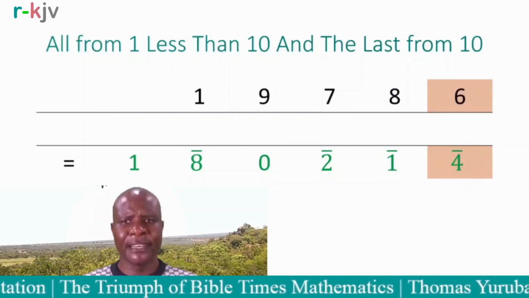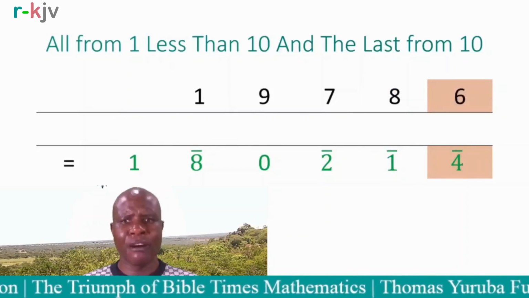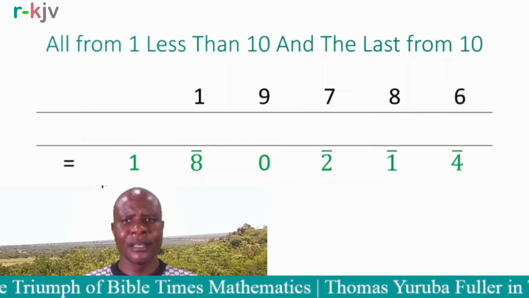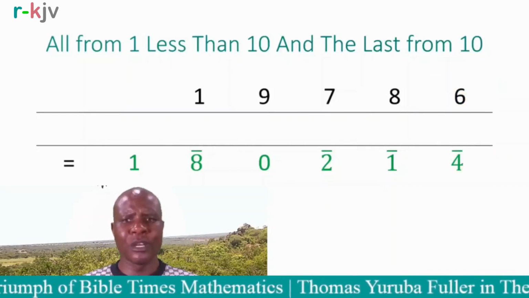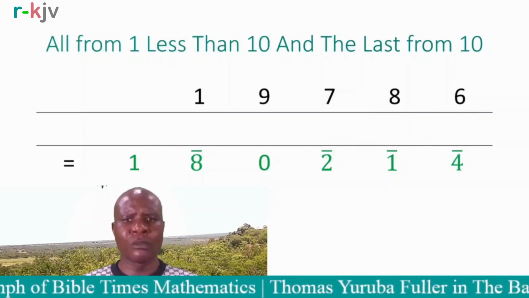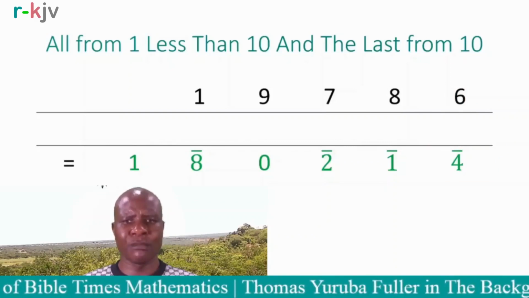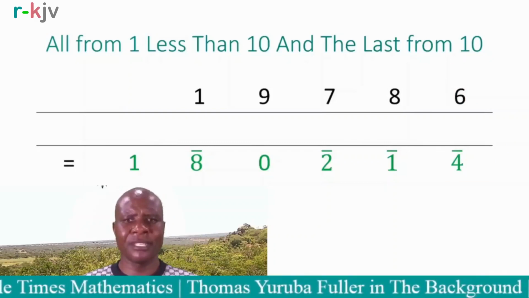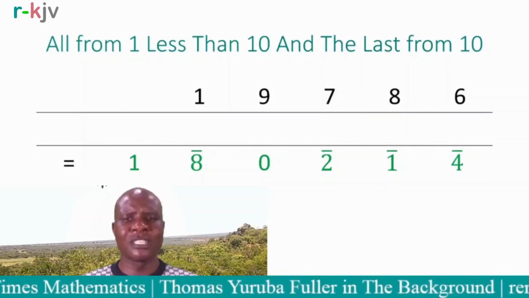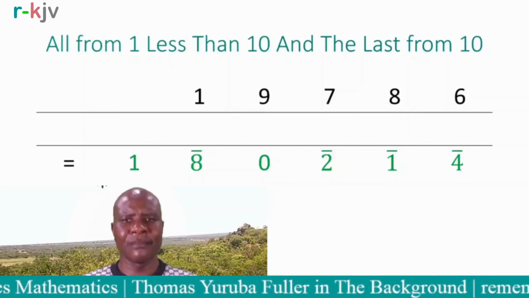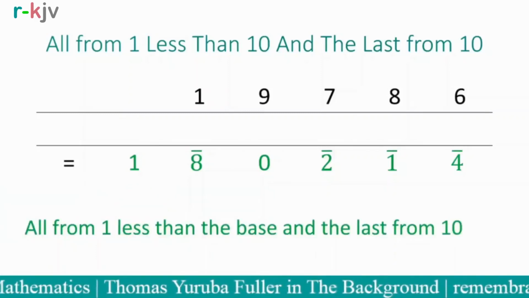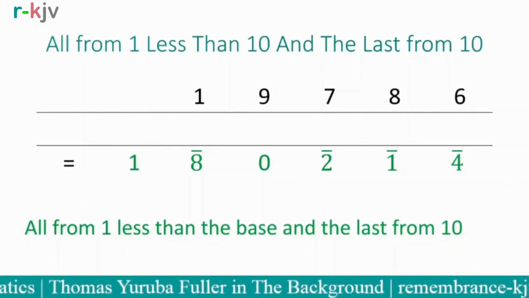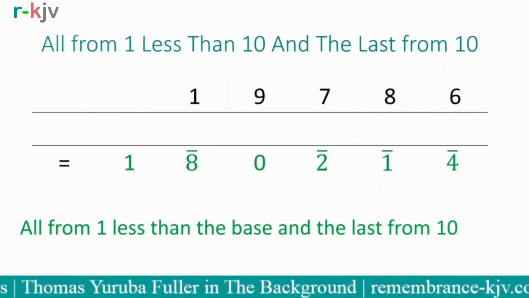And finally, 4 in bar 4 below is 10 less 6 above. The magnitudes of the vinculum numbers below are got by subtracting the corresponding numbers above them from 9, except for the last one, which is subtracted from 10. This demonstrates what we mean by the Vedic Sutra, all from 9 and the last from 10.